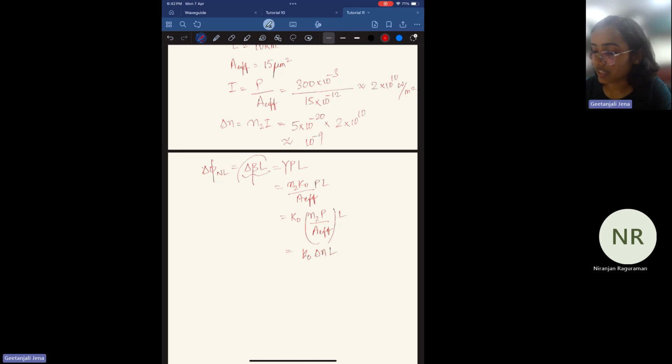So if delta beta is given, you can directly calculate the phase shift using this formula. Or if not, then you can use this formula to find out the phase shift.